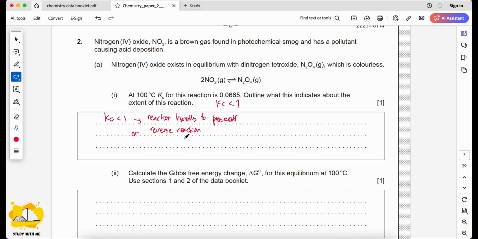So if it's the reverse reaction, it means the concentration of reactant is bigger than the concentration of product. The other way around, if Kc is bigger than 1, the reaction proceeds almost all towards product. Okay, so that's the difference if Kc is smaller than 1 or Kc is bigger than 1.